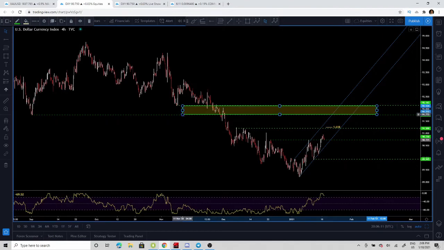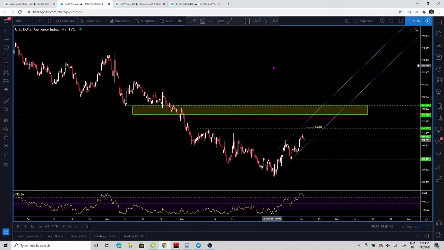In my opinion, there's three possibilities here. The first one is a short rally to the next key level, and then a breakdown. The second one is a rally to that 91.75 and a breakdown. And the other one is just a breakdown from these current levels, right?